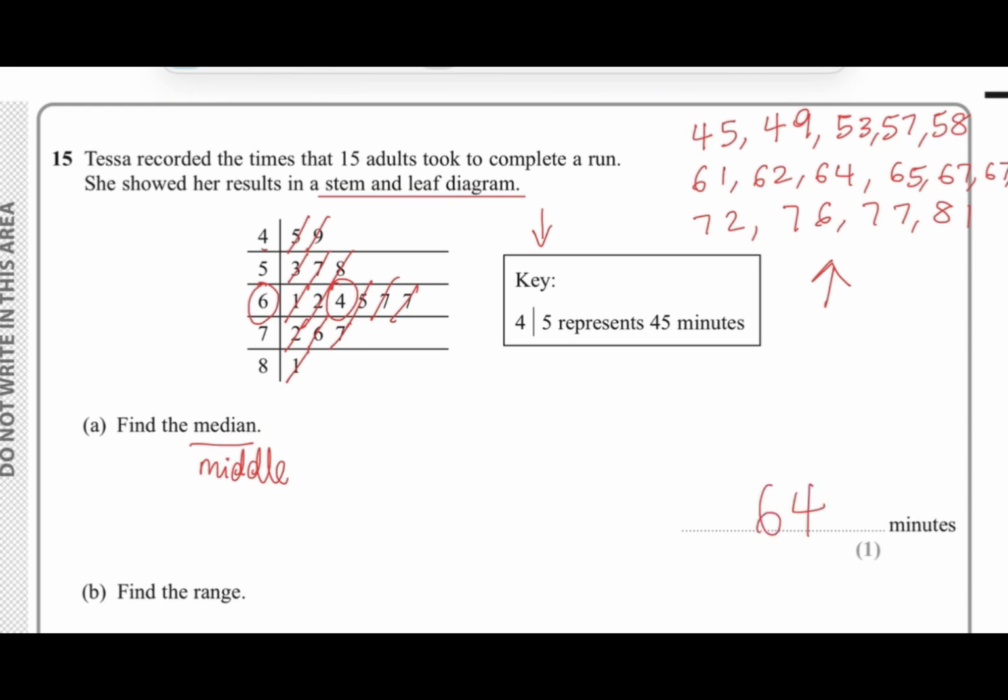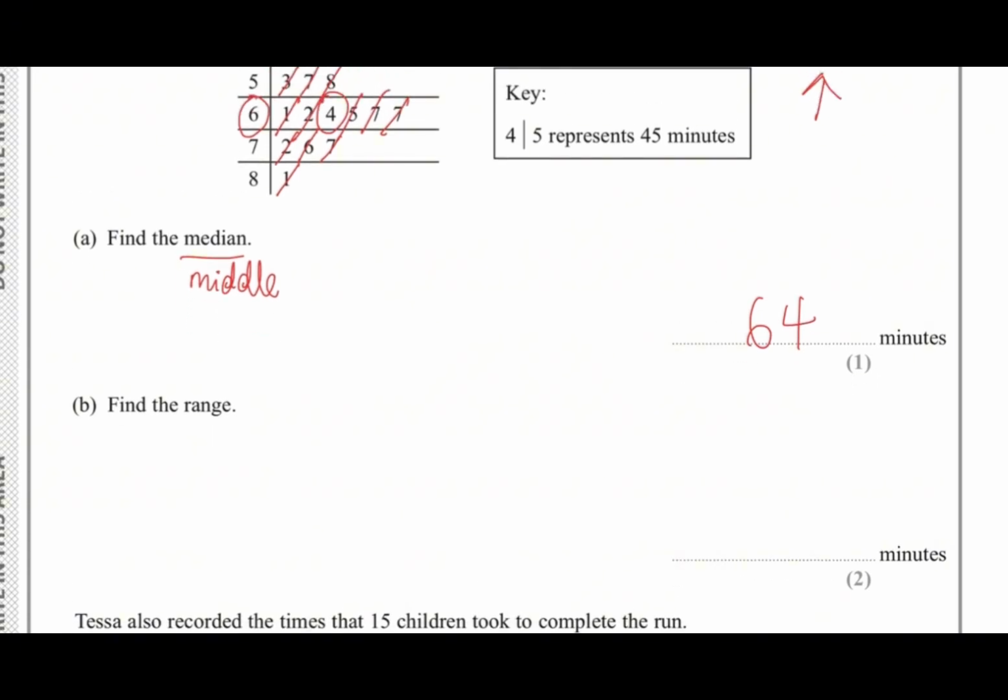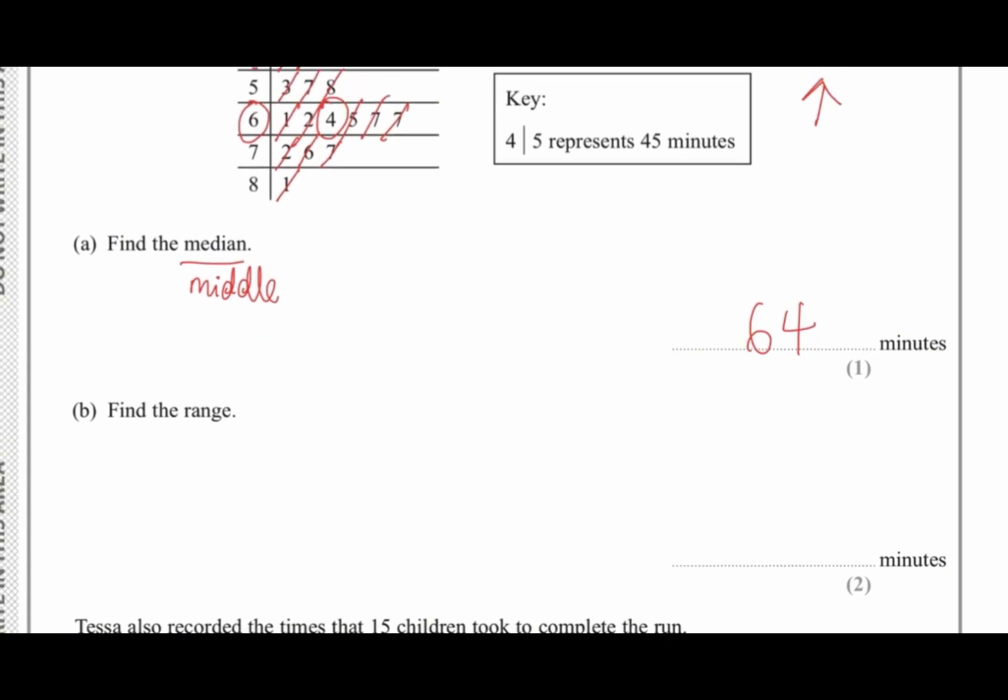If we were to try that again with the numbers we've got here, just take it out from the bottom. So we just take out 1, 1, 1, 1, and you just keep going until you get to the middle and you have 64 here as your answer. The next one says to find the range. We know that the range is the biggest number take away the smallest number.